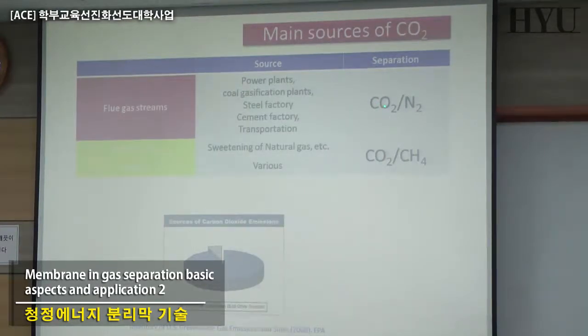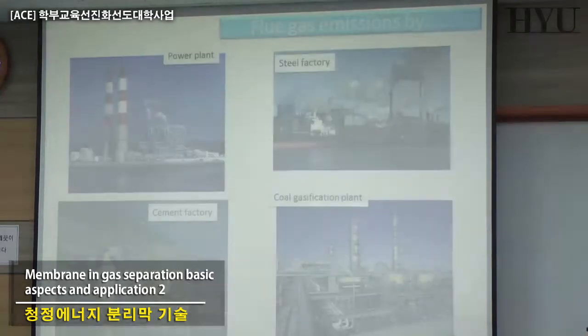CO2-nitrogen and CO2-methane are basically the two sources of CO2, and they are present in many industrial productions. One of the major sources of CO2 is a cement factory, for example. A lot of CO2 is coming from here. Coal gasification, a steel factory, a power plant.